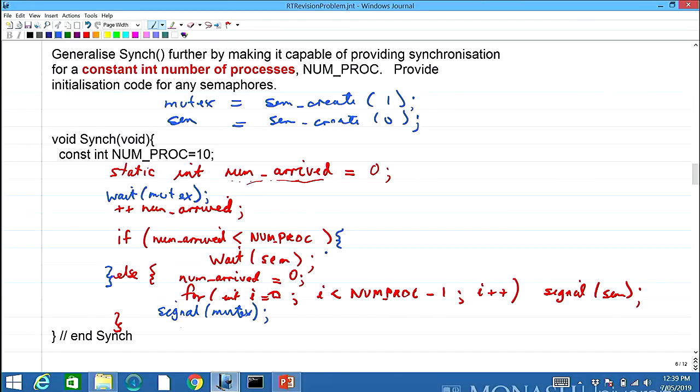Right, so if we put it in after the wait, what's the problem with that? We had this problem before, so you should understand this. Because it's waiting now, it cannot actually signal the mutex. Yeah, it's blocked. It can't then signal the semaphore. You get a deadlock situation.